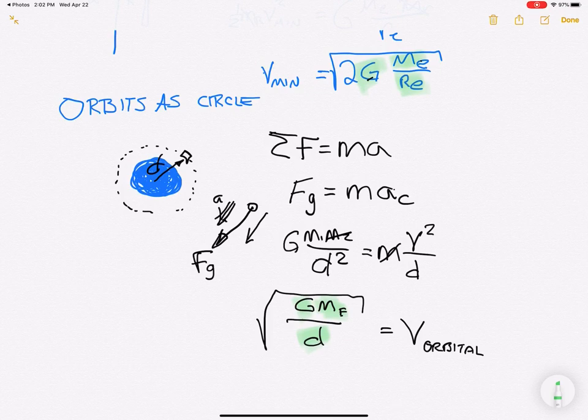It looks like the same form, with G, a mass, and a distance below, but this 2 is going to make the escape velocity slightly larger than you would get if you were just buzzing the Earth, where d was equal to the radius of the Earth.